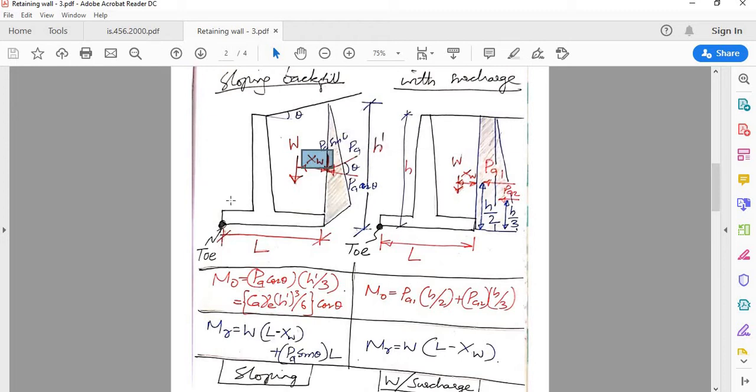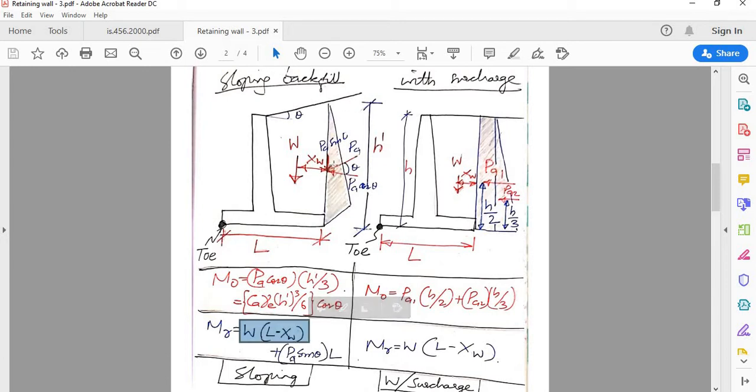So when you are taking the restoring moment, which is nothing but the moment about the toe portion, it is the force W, total W into lever arm. So what will be the lever arm? This base slab width is L, this much is xw. So the lever arm is nothing but L minus xw. So that is W into L minus xw.